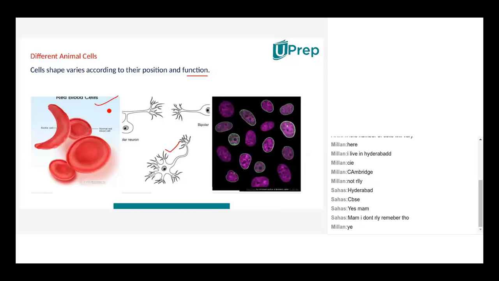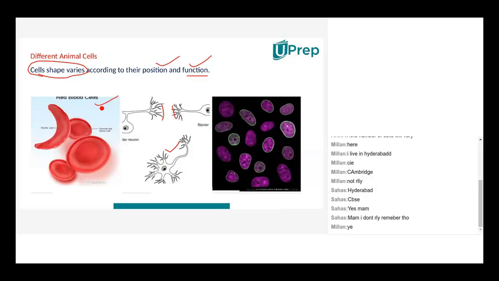No. Because these branched structures will hinder the free flow of the RBCs in blood circulation. So according to the functional aspect and their position, the cell's shape varies. That's the difference you have to understand over here.